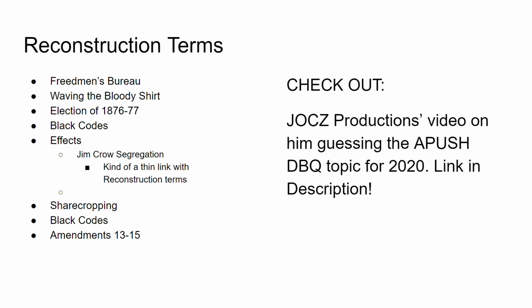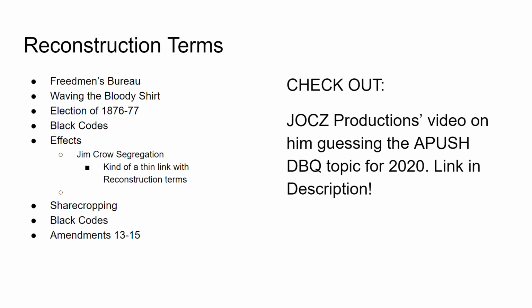Those terms become pretty major during this time, well, until the Civil Rights era, but the Civil Rights movement is not going to be in this year's DBQ because it is in period 8, and we are focusing on periods 3 through 7.